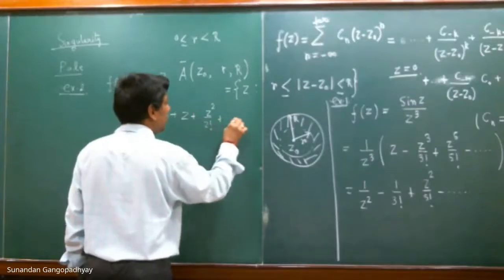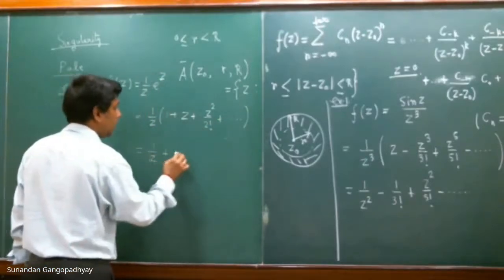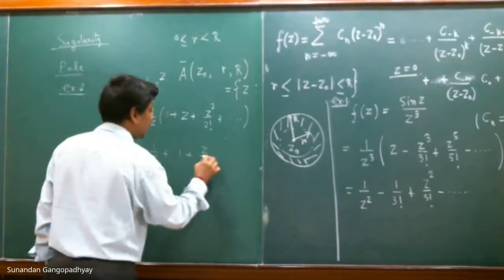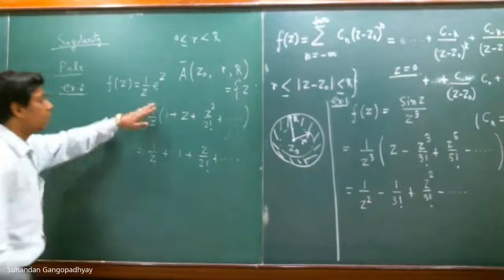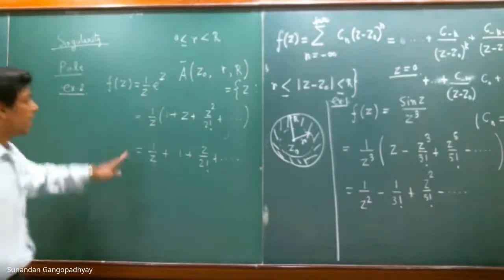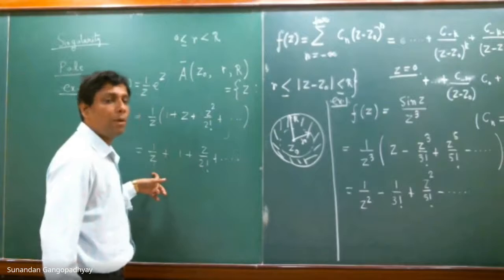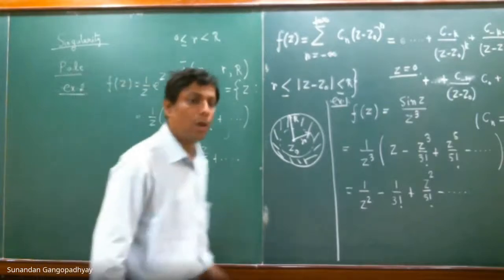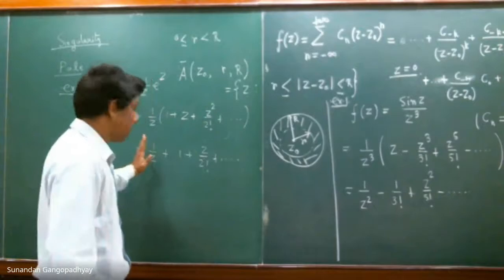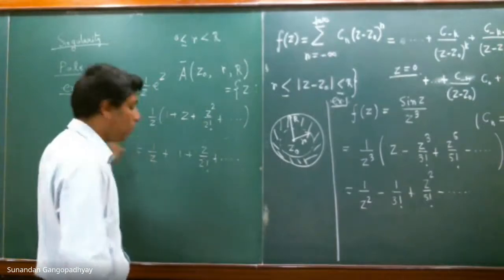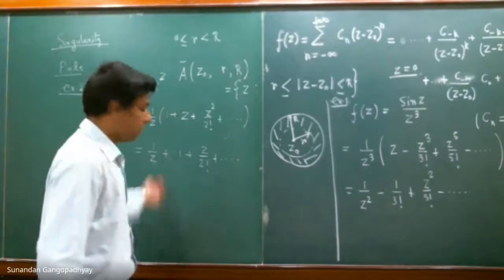You keep on doing this. And therefore, the first term will be 1 by z plus 1 plus z by 2 factorial plus dot dot dot. And therefore, you can see that this is the Laurent series expansion of this function. And this has a simple pole, that is a pole of order 1. Because all the coefficients of terms like 1 by z square, 1 by z cube, all those coefficients vanish. And therefore, this is a pole of order 1.